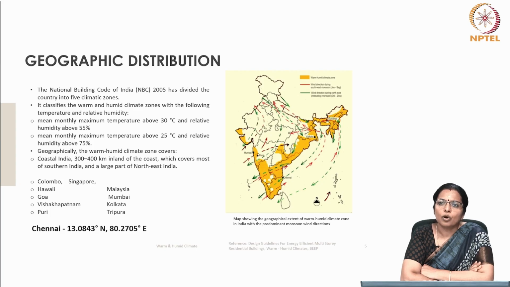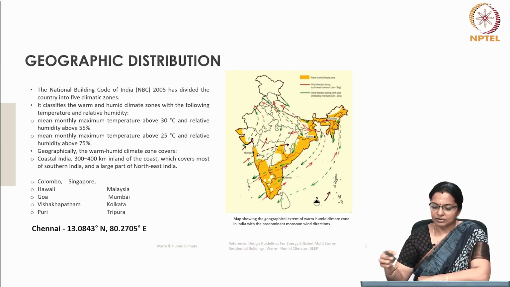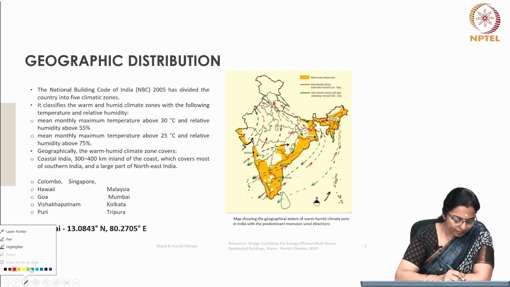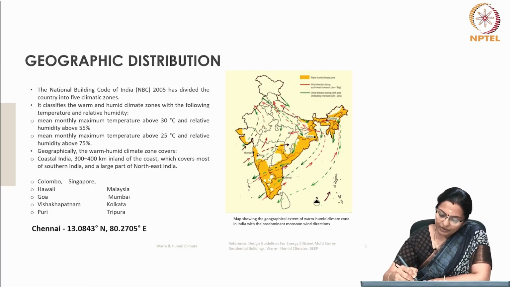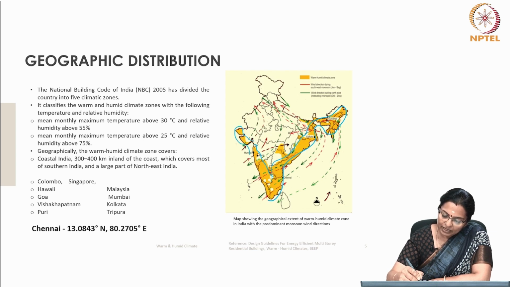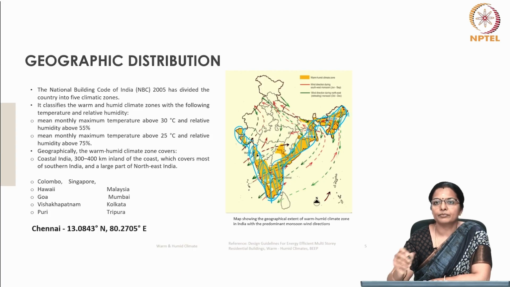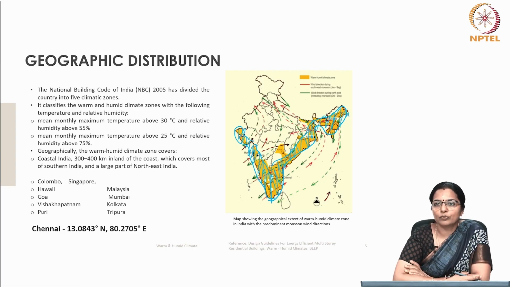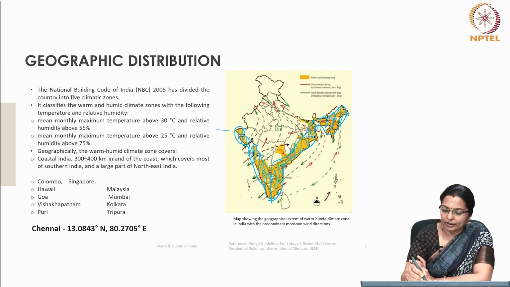Geographically, the warm and humid climate zone covers the coastal belt of India. If you see what NBC says, the coastal belt of India is warm and humid, up to 300 to 400 kilometers inland of the coast, which covers most of the south part of India.